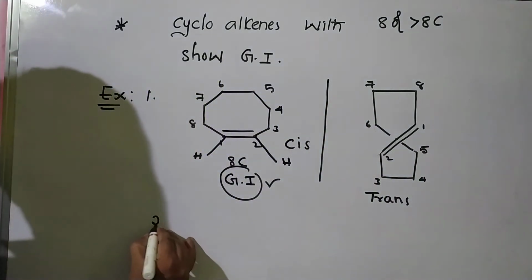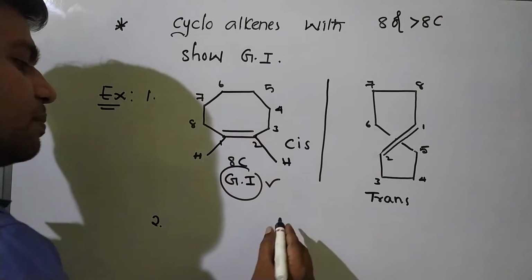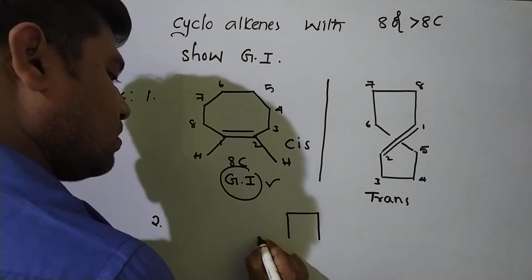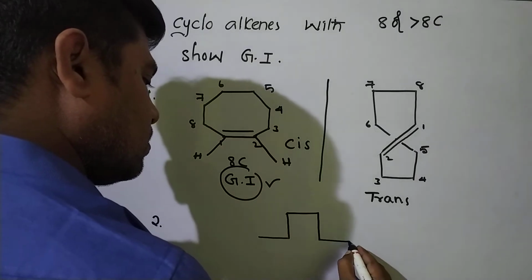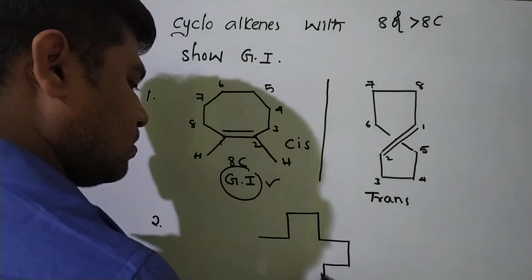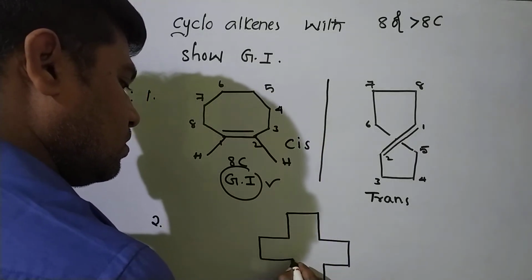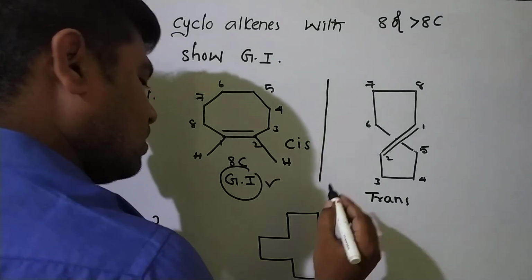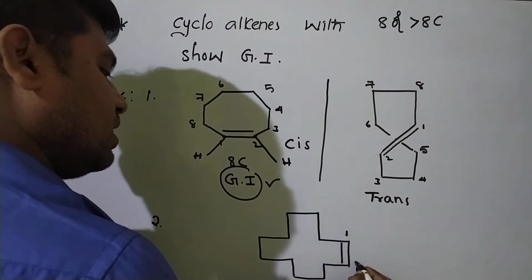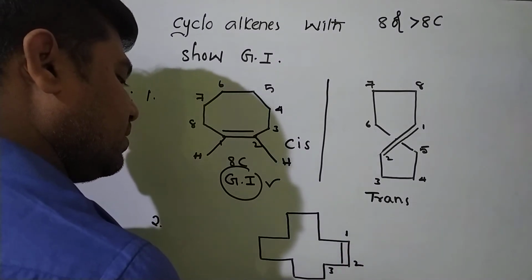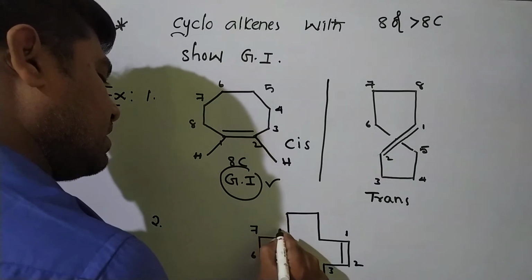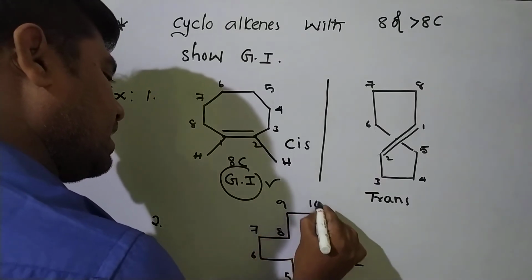Next, another most important example. This is one alkene, 1, 2, 3, 4, 5, 6, 7, 8, 9, 10 carbons.